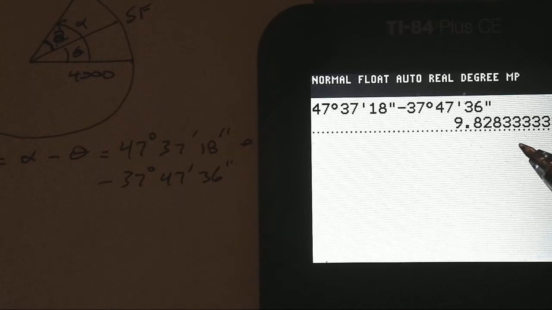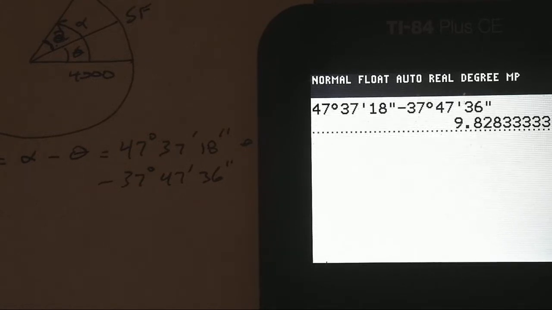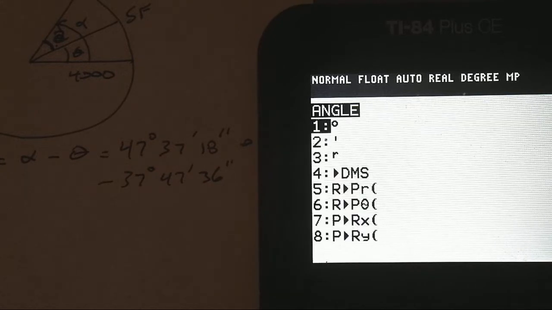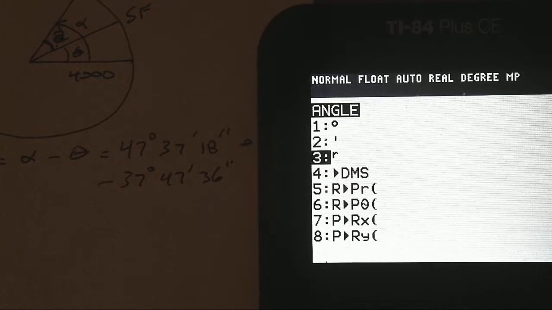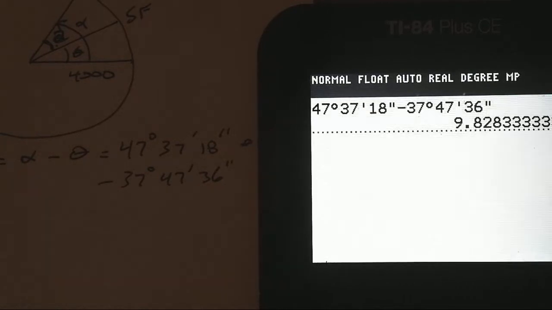If I'm going to go back and use the formula that we've been using, S equals theta R, I want that as a radian measure. So I'm going to turn degrees into radians, and I should have an option to do that, but I don't. Interesting. So I'm going to take that answer and multiply it by, I want to introduce radians, because that's a degree measure right now.